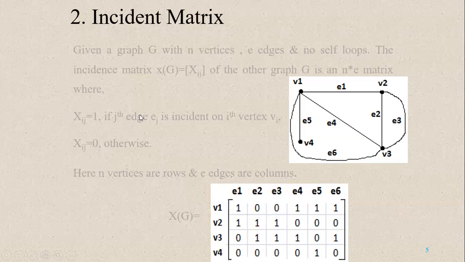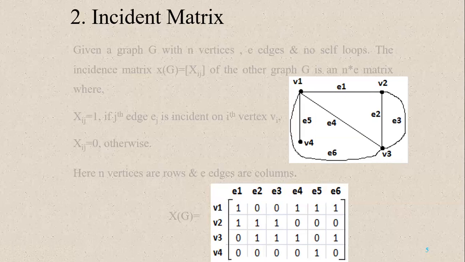Next, how to fill this matrix? The concept is the same. For example, the jth edge Ej is incident with the ith vertex. For example, here E1 is adjacent to V1. In the adjacency matrix, we match only the vertices. Here we check edges and vertices.